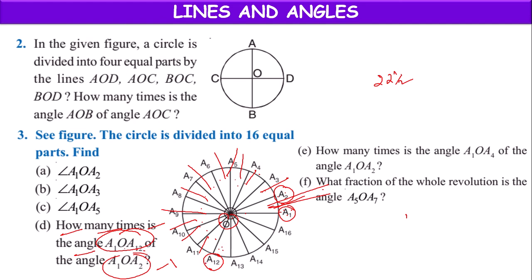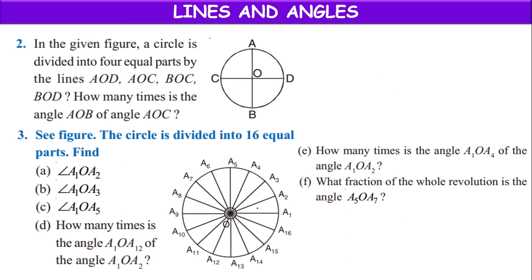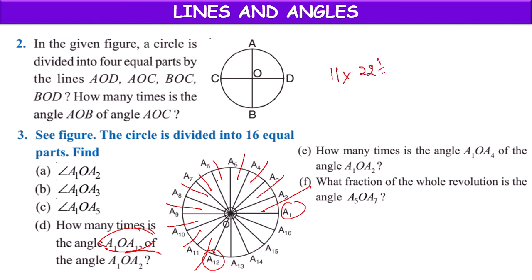But this value, A1 O A12, is 22 and a half plus 22 and a half, 1, 2, 3, 4, 5, 6, 7, 8, 9, 10, 11. So 11 times of 22 and a half.